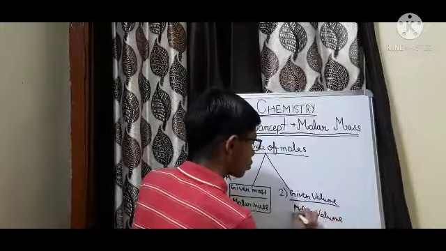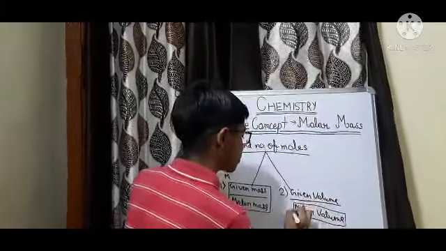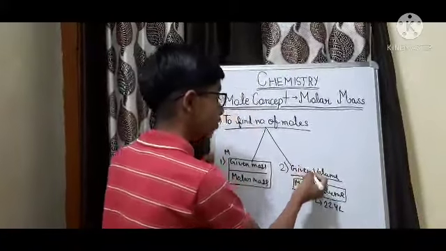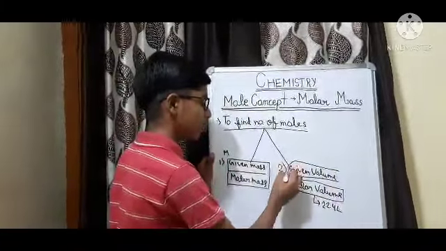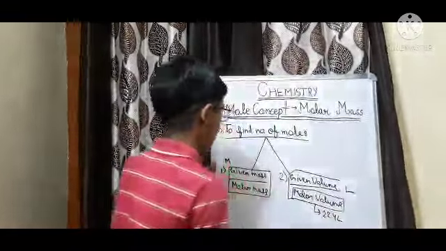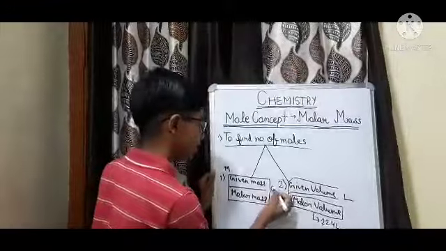Now if we talk about molar volume, it is fixed for every gas, so it will come as 22.4 liters. The unit of the volume which will be given, or of the molar volume, will mostly be liters. And over here, it will be grams.